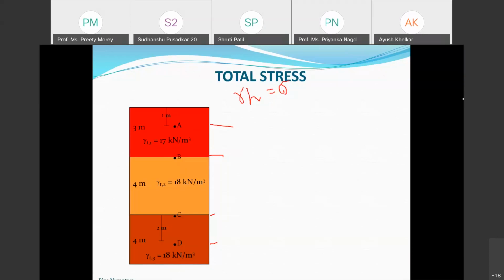If I plot this stress variation, the stress at A is 17, and then at B, and so on. It is a triangularly varying distribution, so at the top where H is 0, you will get 0.